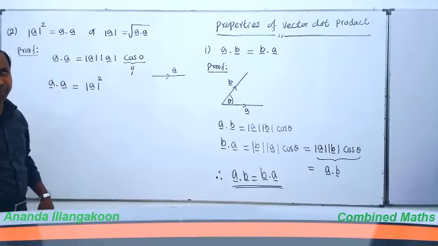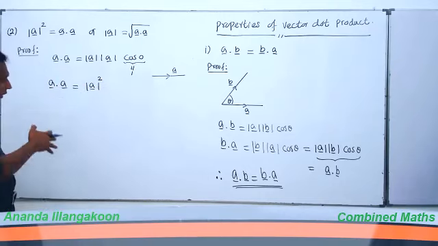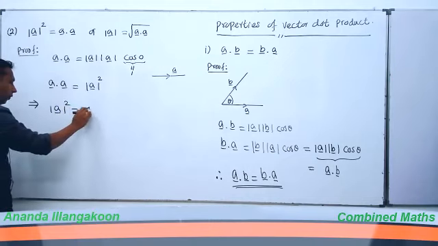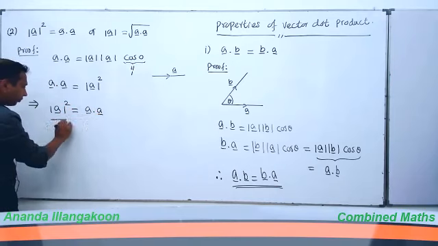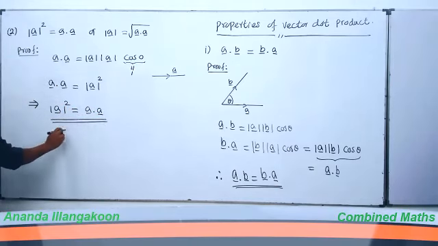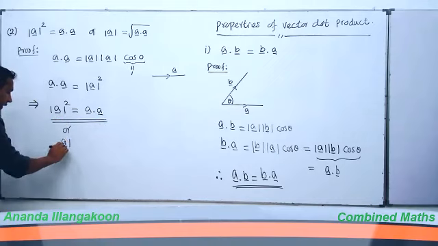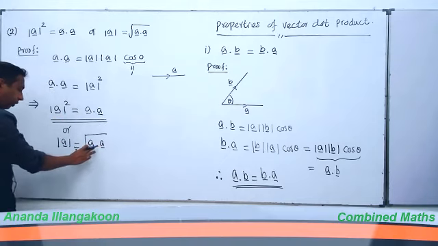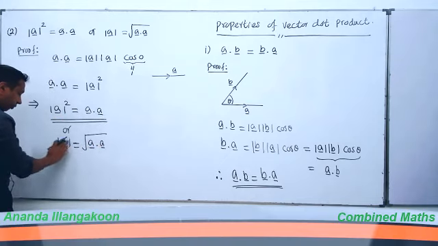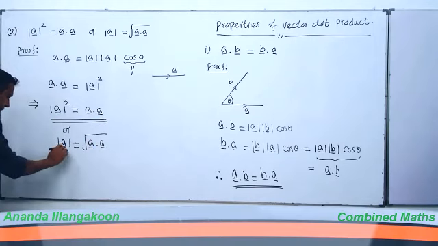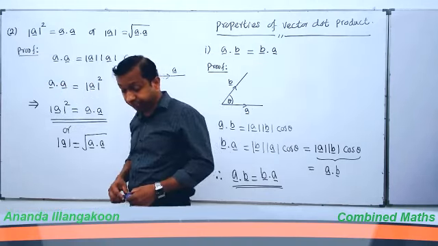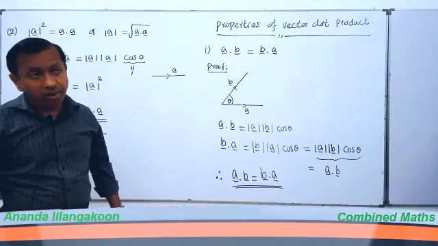So therefore we can write, this implies A dot A equals mod A squared, means mod A perfect squared is equal to A dot A. Or by this we can take the mod A, taking the square root of the right hand side, square root of A dot A. This is how, people, we get that result. Okay. Right.